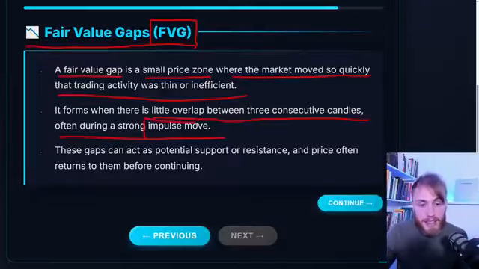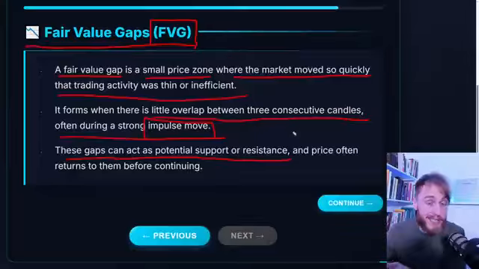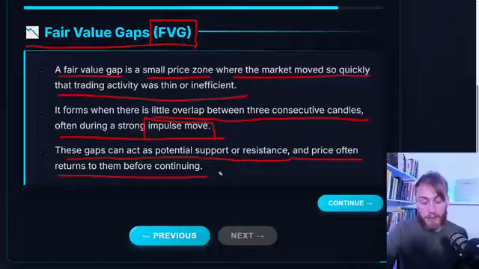This is yet another concept you will learn more about soon. These gaps can act as potential support and resistance areas, or even supply and demand areas in the future. Price often returns to these levels, and they can work as zones where you can find entries.